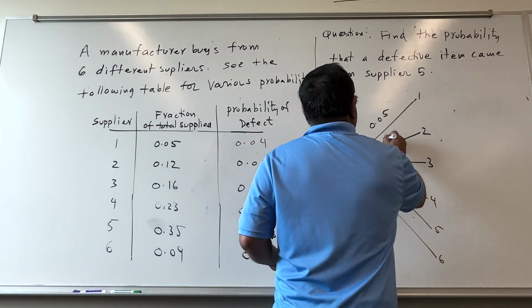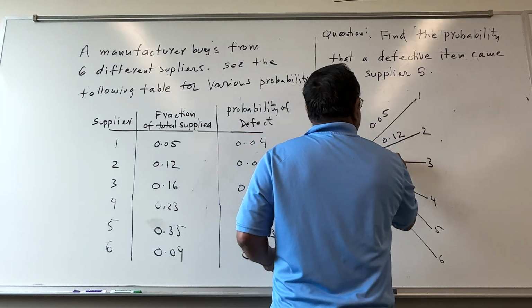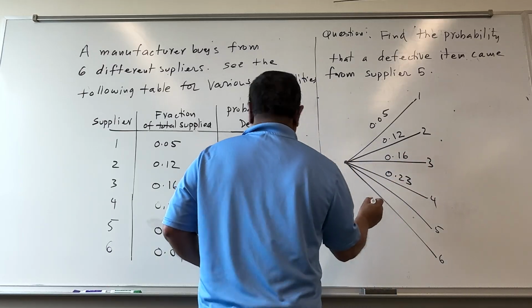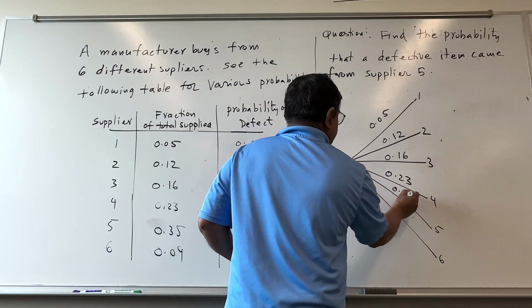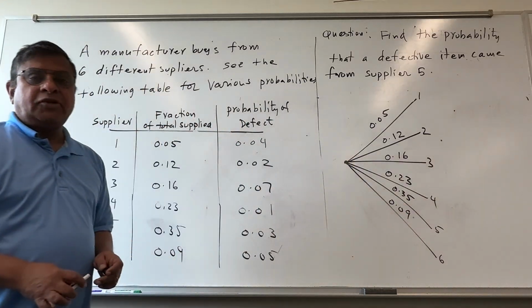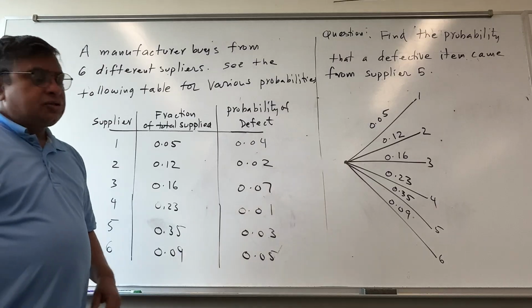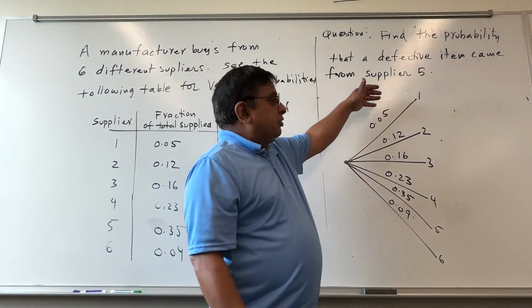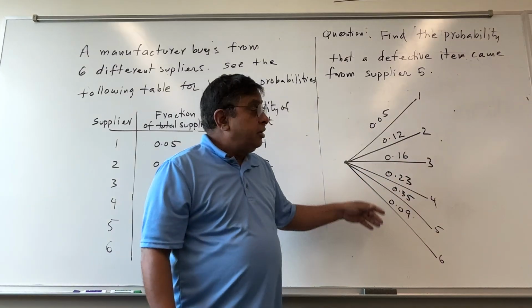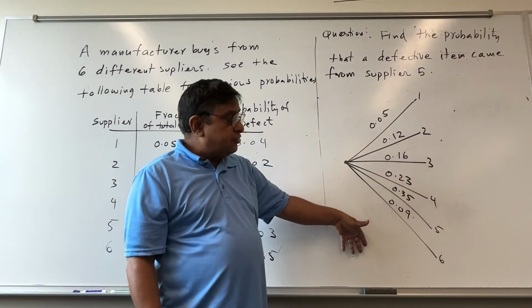The next one is 0.12, 0.16, 0.23, 0.35, 0.09. So you might ask, how do I know which one to start with? Here you have 6 branches.